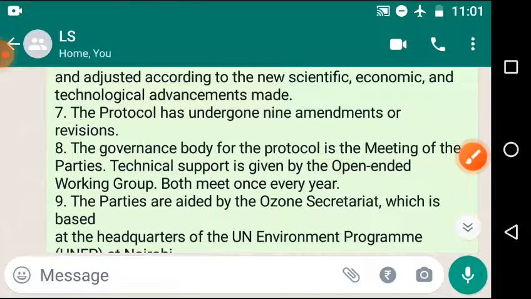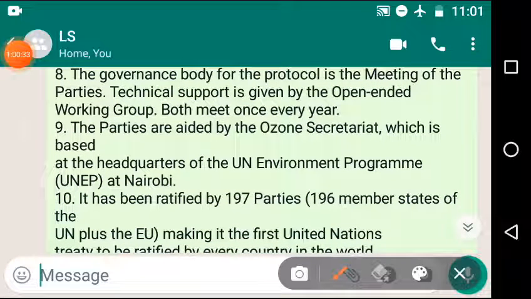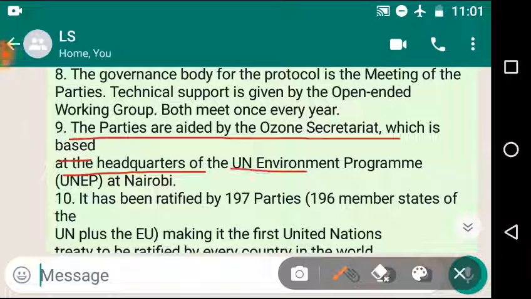Now all these parties are helped by the Ozone Secretariat, which is based at the headquarters of the United Nations Environment Program, UNEP, at Nairobi. So the parties are aided by the Ozone Secretariat, which is based at the headquarters of the UN, that means the United Nations Environment Program at Nairobi.